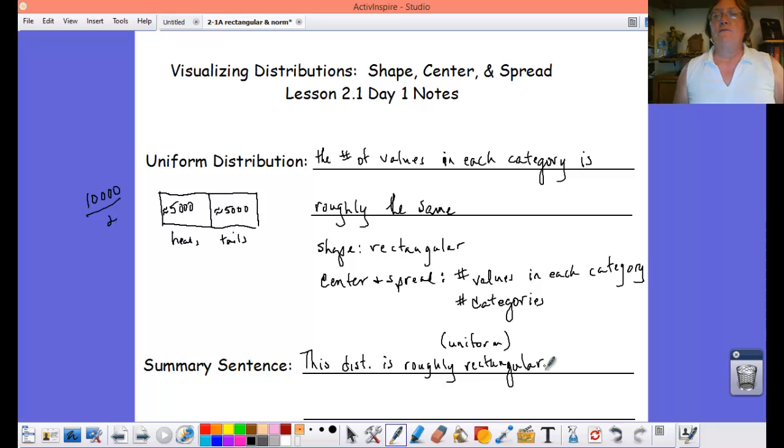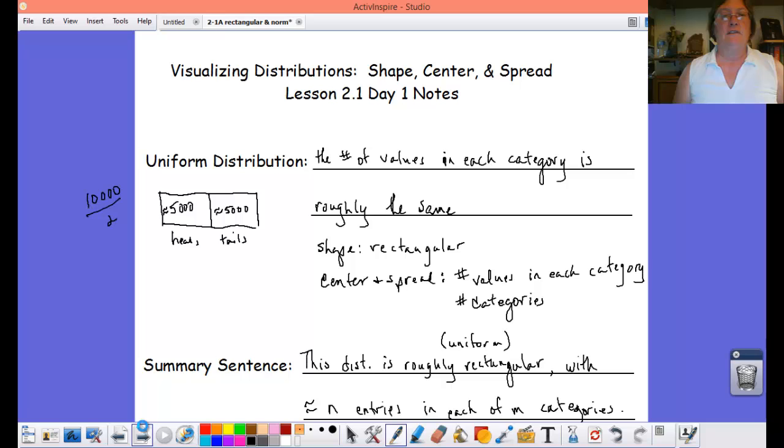This distribution is roughly rectangular with about n entries in each of m categories. So if we were asked to describe a uniform distribution, our description would be something like this, and of course we'd fill in n and m with the number of entries and the number of categories.